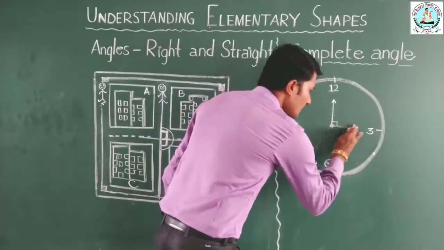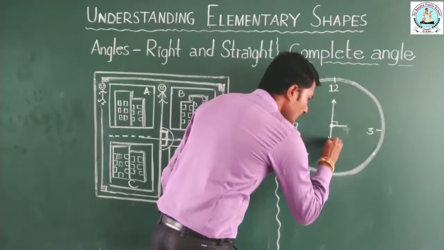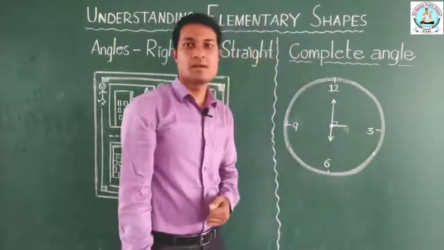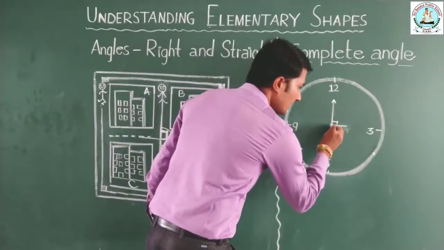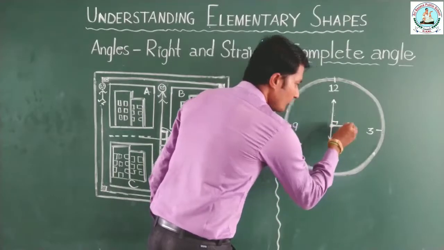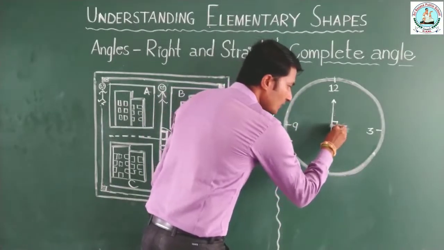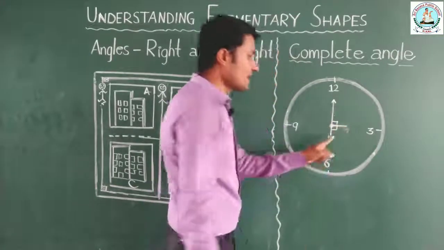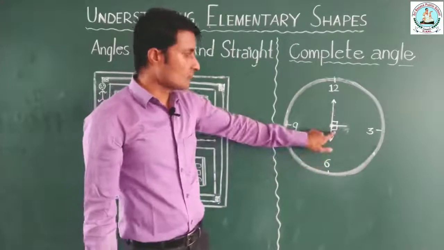Then if your hour hand is facing towards 6, how much angle have you covered? First it covered 90 degrees when it was towards 3. Now the hour hand is here, which means from this point to this it has covered another 90 degrees, another 1/4 of the revolution.